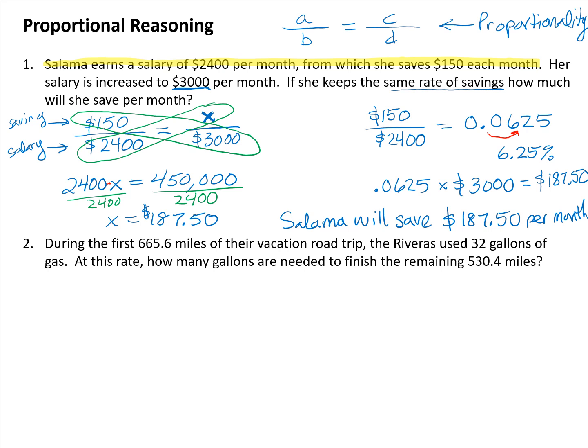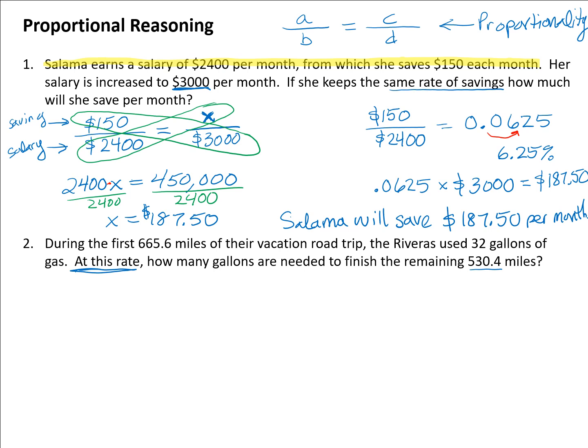During the first 665.6 miles of their vacation road trip, sorry, I had hesitation there with the decimal point, the Riveras used 32 gallons of gas. At this rate, so continuing this proportionality, how many gallons are needed to finish the remaining 530.4 miles?